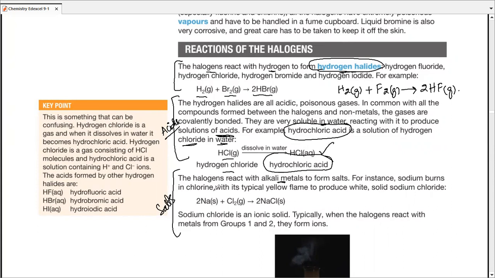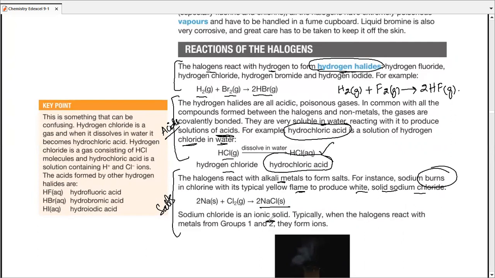Sodium burns in chlorine with a typical yellow flame, and produces a white solid, which is sodium chloride, the salt we eat every day. So I hope you get your answer that this salt is produced by a burning reaction. So much so we do not perform this reaction in the lab. It's a little bit violent reaction. So we try not to mix any alkali metals and halogens in a school lab.